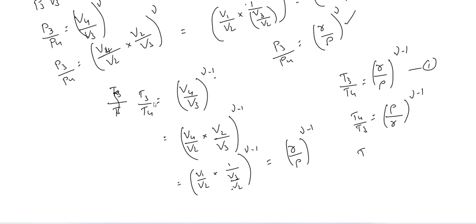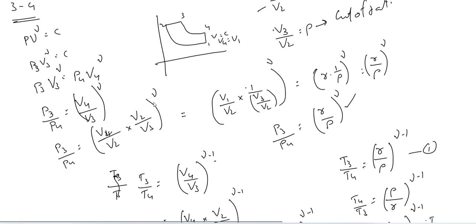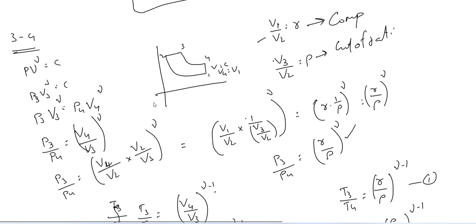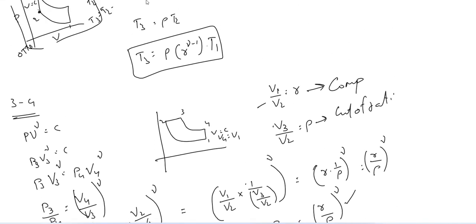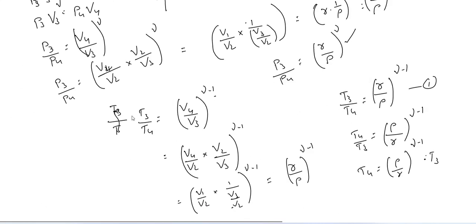Then T4 equals rho by R whole power gamma minus 1 into T3, right? From this, T3 equals, I think we have found T3 somewhere. Yeah, T3 equals this part, right? Rho R power gamma minus 1. Substitute here.